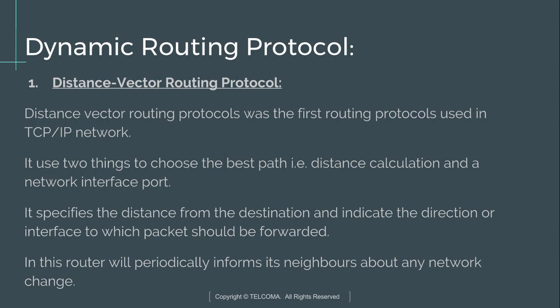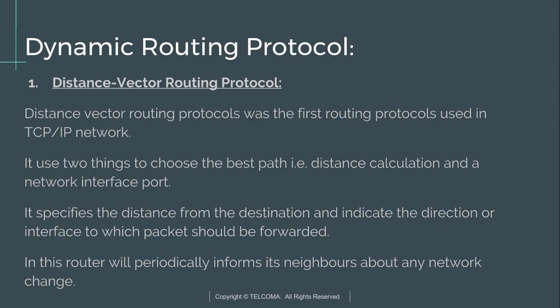Distance vector routing protocol was the first routing protocol used in TCP/IP networks, and it is still used in networks. It uses two things to choose the best path: first is distance calculation and next is the network interface port.